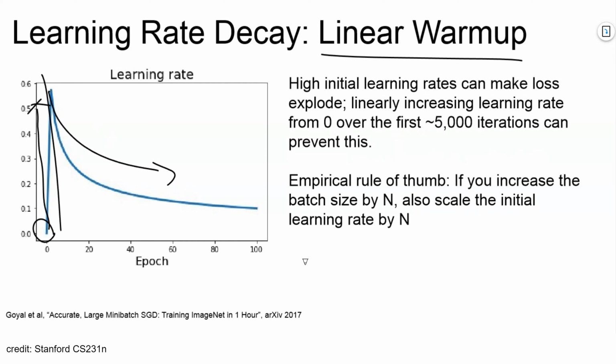This is to avoid the bias that could occur for a couple of first batches. We know that batches have different distributions.